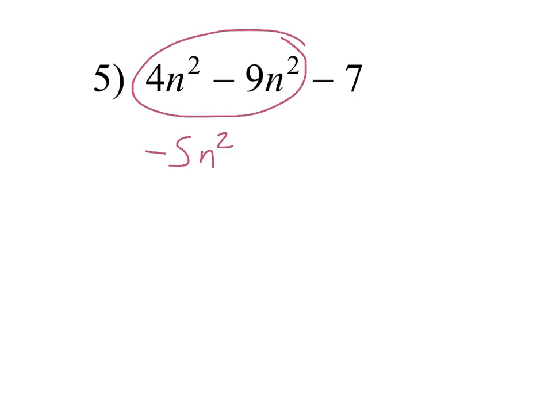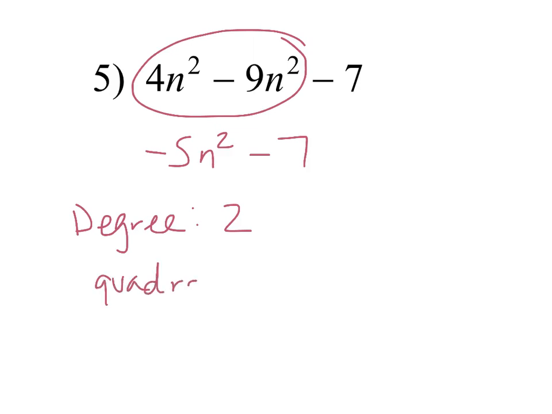And then what comes next? Minus 7. So what is our highest degree? 2. And what do we call something with the degree of 2? Quadratic. And how many terms do we have? 2. And what do we call something with 2 terms? Binomial.